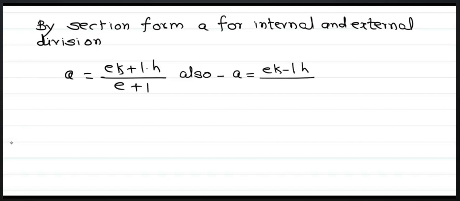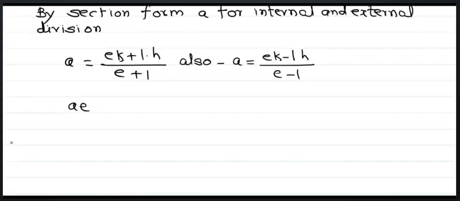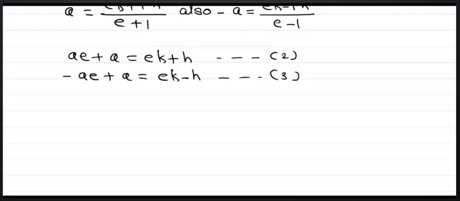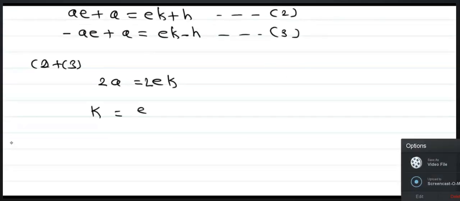Also for the external division, a equals (ek minus 1h) upon (e minus 1). So ae plus a equals ek plus h. This is equation number 1. Minus ae plus a equals ek minus h. This is equation number 2. Now we'll solve these two equations and we will get the values of h and k.